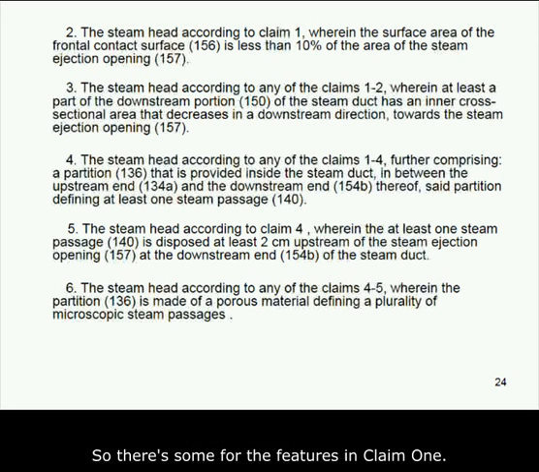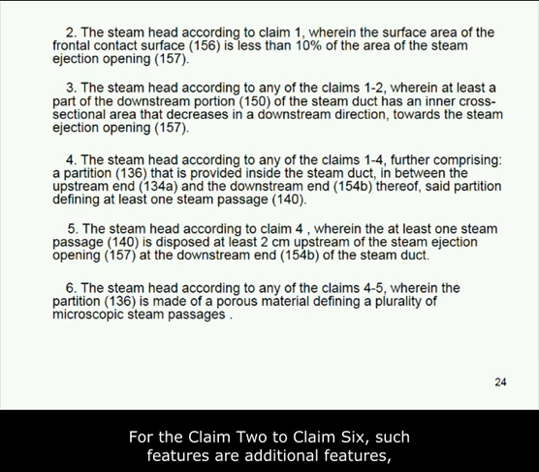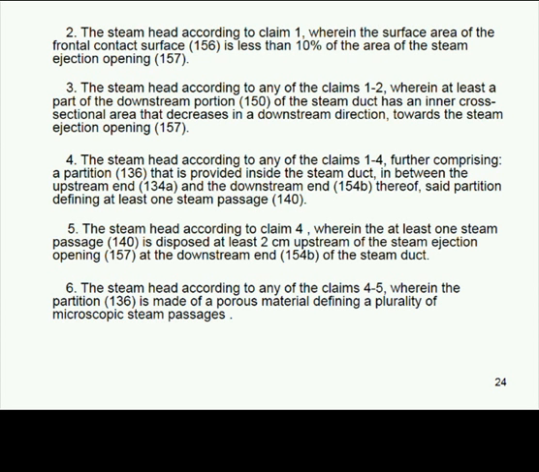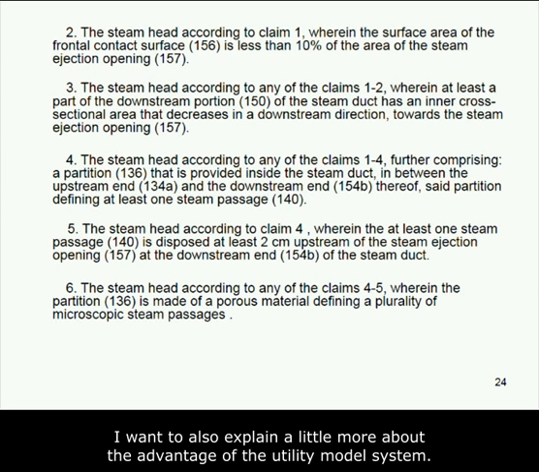The features in claim 1, we call very essential features. But for claim 2 to claim 6, such features are additional features, which can improve the quality of the steamer head.